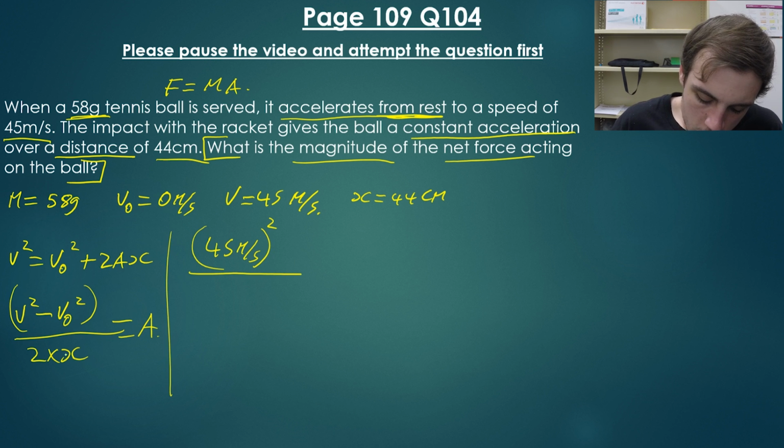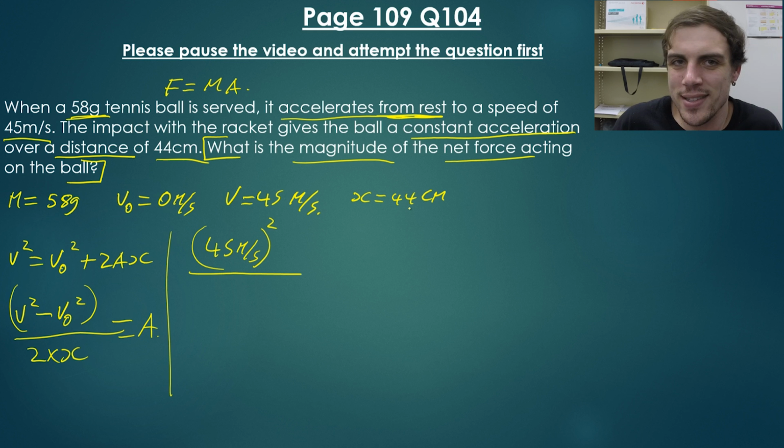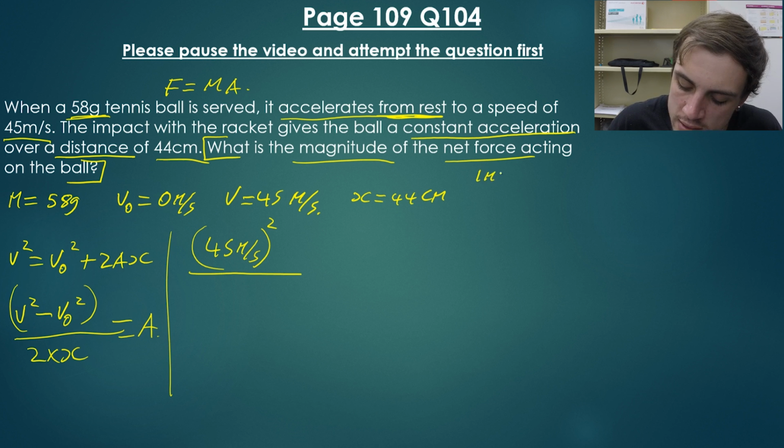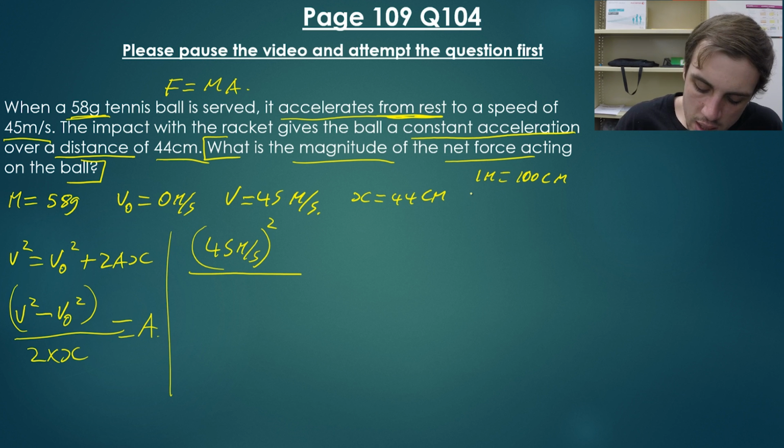Divided by 2 times x, so 2 times the displacement, but it's given to us in centimeters. We need to be careful here because this is a trap: displacement needs to be in meters. So we need to convert this into meters. 1 meter is equal to 100 centimeters, so we convert by moving the decimal point, meaning our displacement is 0.44 meters.